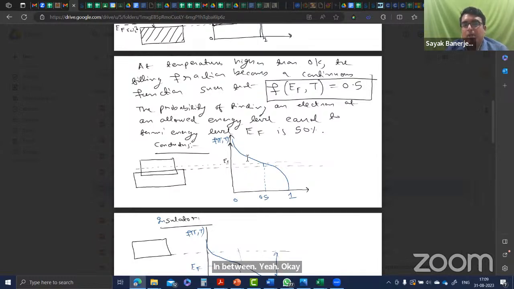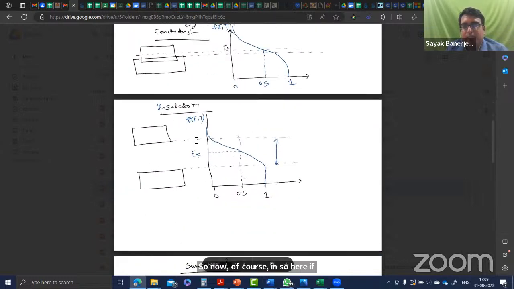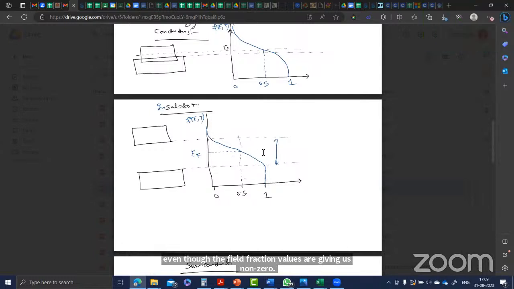So if you think of this as the insulator region, at this dotted line is where the conduction band starts. So there is some non-zero filled fraction here, so some electrons can exist here. And again, here some electrons, less than 1, will exist. In the forbidden gap, even though the filled fraction values are non-zero, there are no electrons because it's a forbidden zone. Okay, thank you, sir.